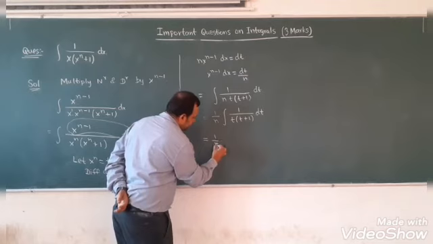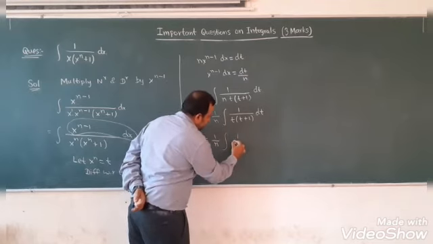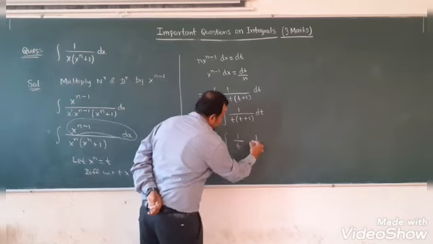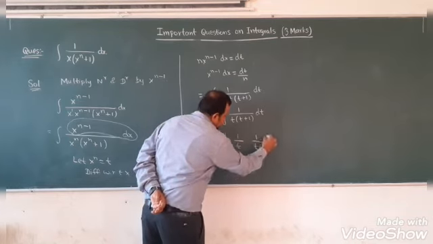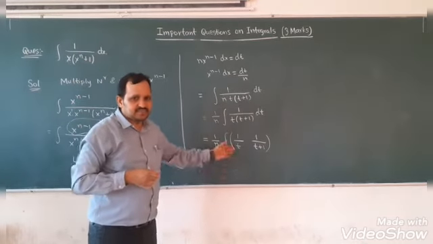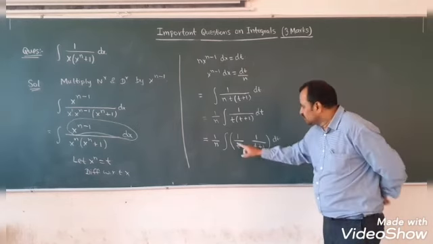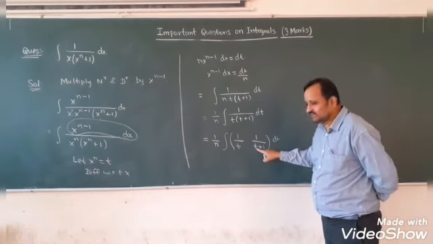Directly we can write here. See here. This I can write as, on one side t, on the other side t plus 1. If you apply partial fraction, the same answer will come, but the steps will increase. Now see here, t is here and t plus 1 is here.